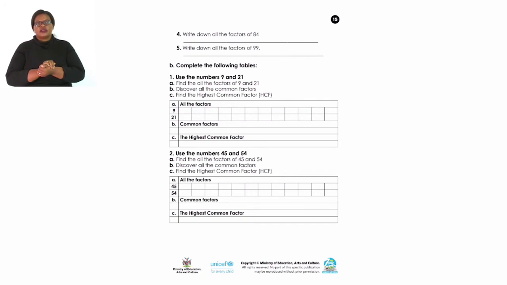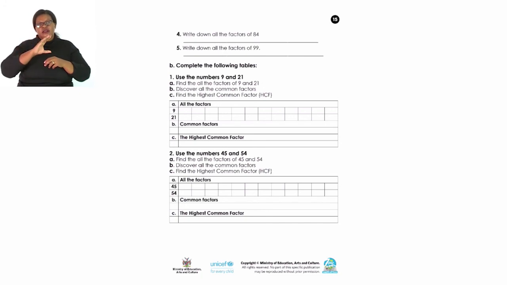Use the numbers 9 and 21. Find all the factors of 9 and then all the factors of 21. Then you have to discover all the common factors. And lastly, you have to find the highest common factor.